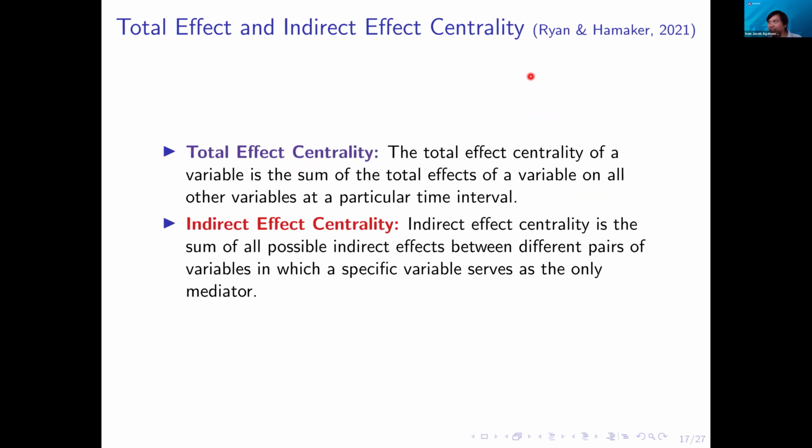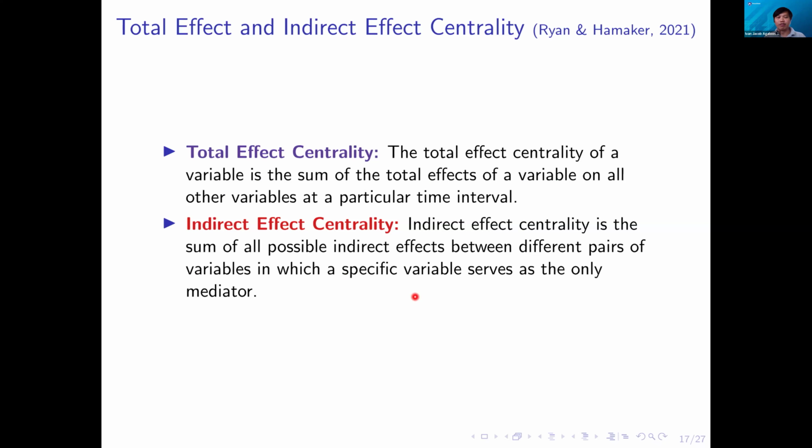So basically, this just defines it. It's basically summing up those effects. The perspective from a centrality measure is not just the individual paths, but the aggregate of those. In this way, we ascribe importance to the specific variables in the system. We define importance in terms of the total effect, and in terms of the indirect effect.